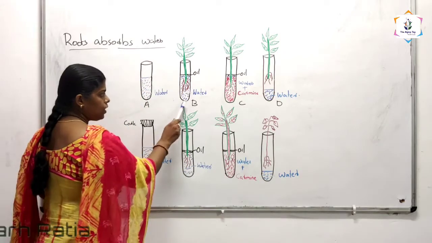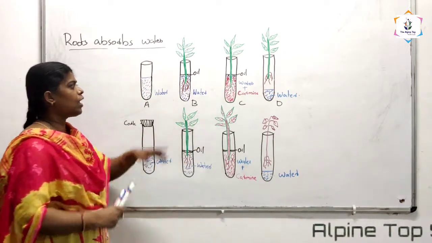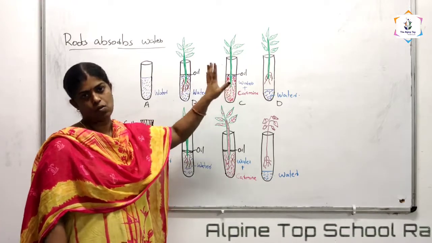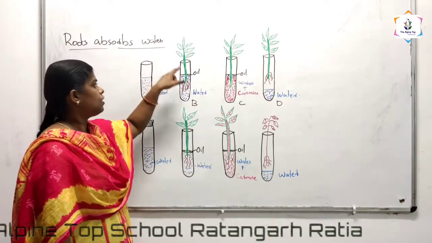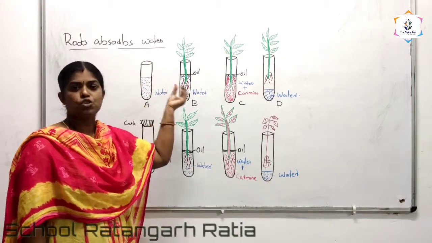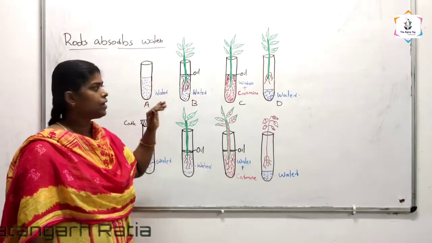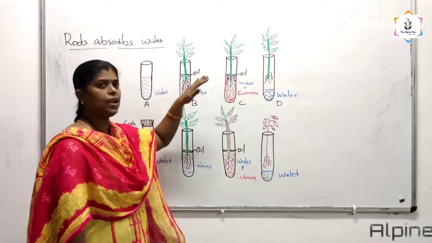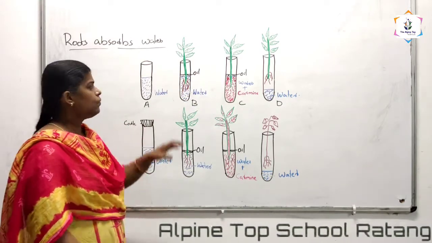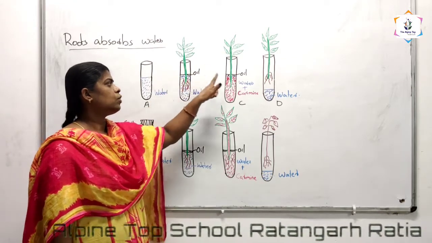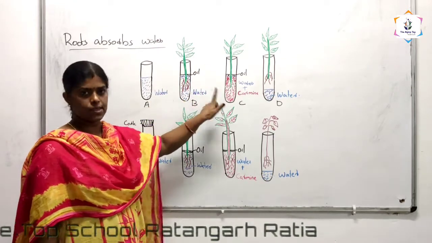In B and C we will add 1 drop of oil also. What is the need of oil? If we pour one drop of oil, it will act like a layer on the water and prevent evaporation. That's why we have taken 1 drop of oil in B and C.